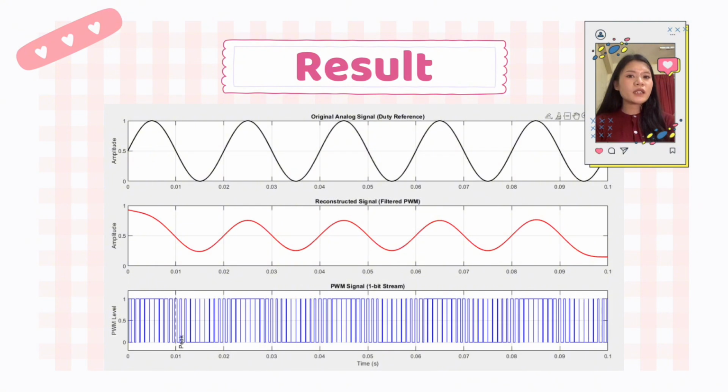The reconstructed waveform confirms the effectiveness of PWM for speed control. So in conclusion, PWM allows efficient control of analog values using digital signals. A simple low-pass filter like the inertia of a motor can reconstruct the intended analog behavior. This simulation visually confirms how PWM drives a motor to follow a varying speed reference.